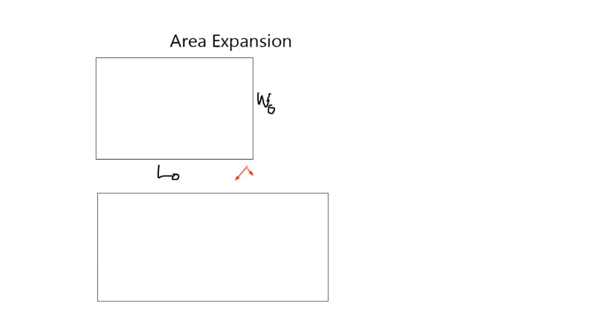Why I keep saying add heat. Change in temperature and heat are different things, I think. So, change in temperature, nag-increase siya. So, nag-increase in temperature, therefore, mas nag-expand yung area niya. Also, if nag-decrease yung temperature dito, mas magdi-decrease rin yung area.